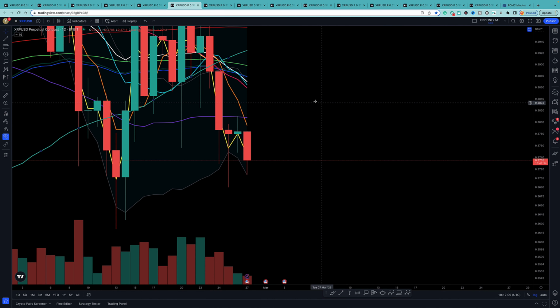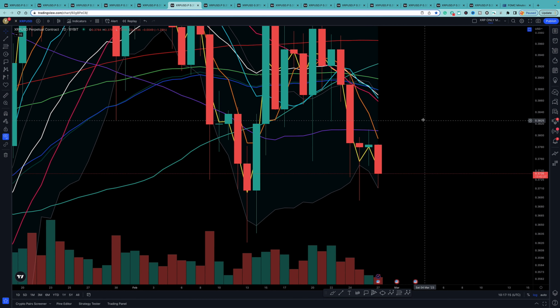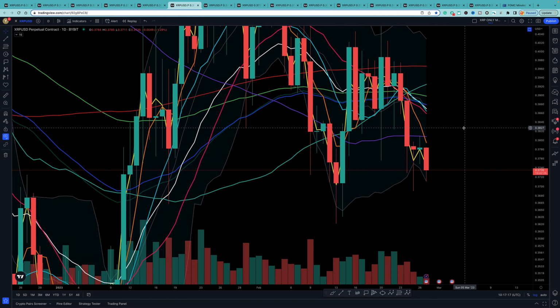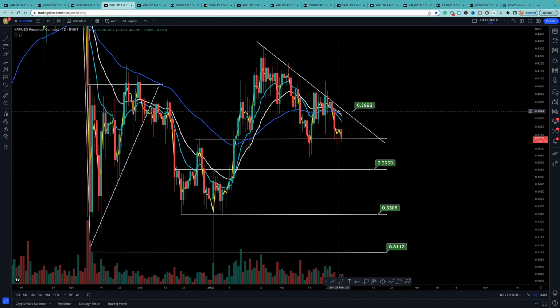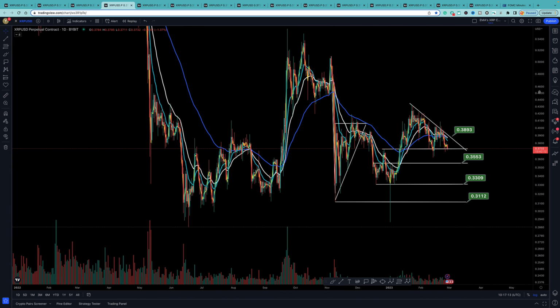And today you have the white line here, the 20 EMA, crossing the 55, which is a major trigger. So let me show you why on this chart. Again, this is the daily, and you can see the 20 crossing the 55. I'm going to zoom out here just to show you.